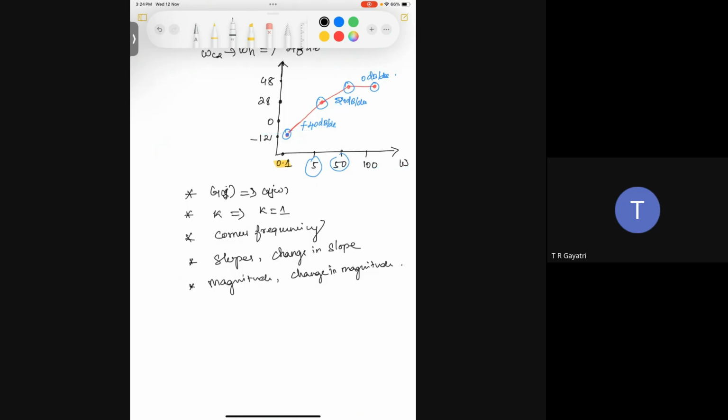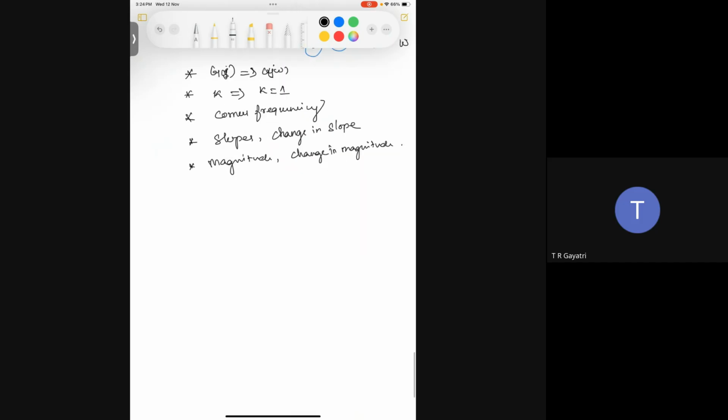I will give you one more example where you can do it the other way around. This is an important question you would expect in an exam. Decibels and omega: always be aware of the notations we use.